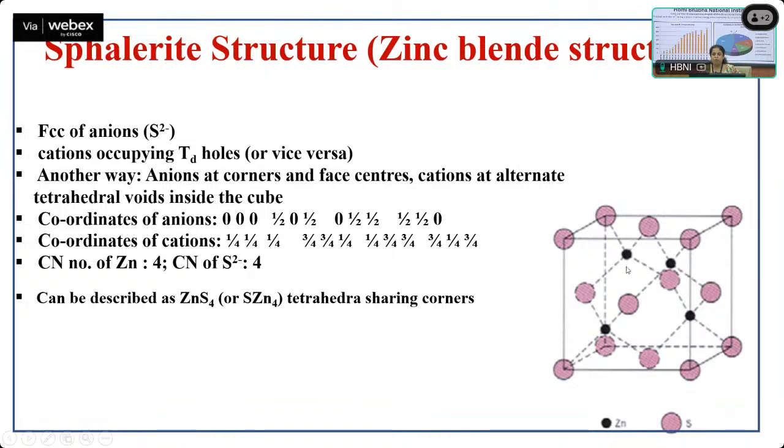Similarly, 1/4, 3/4, 3/4, and 3/4, 1/4, 3/4. So the Z coordinate for these two is 1/4, and you adjust the X and Y to make them back and forth. Similarly, you take Z coordinate fixed as 3/4, and you play with the X and Y coordinates so that they occupy alternate tetrahedral voids.